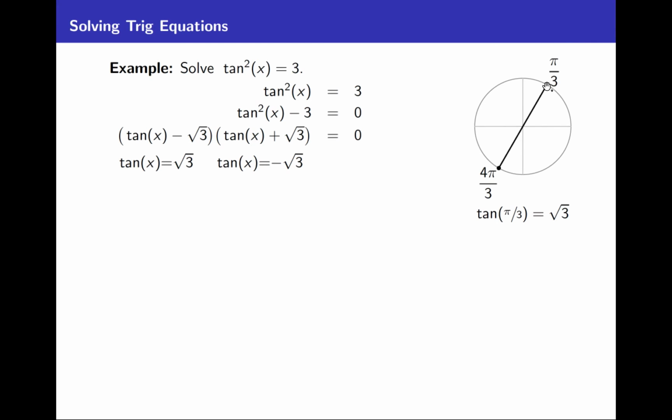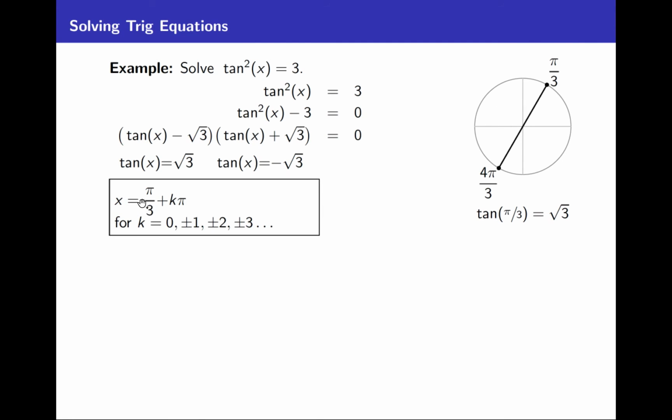In fact, what you could do is just take this pi over 3 and add multiples of pi to it. Pi over 3 plus pi is 4 pi over 3, plus another pi, plus another pi, plus a pi again, and so on. And you're going to get infinitely many values for which tangent of that value equals square root of 3.